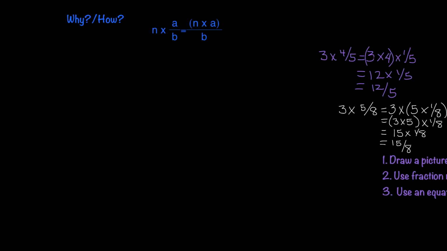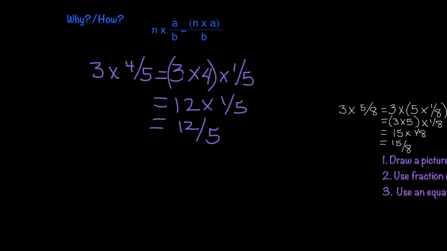So I have an equal sign here because we're going to take this whole number times the numerator, so that's why this says N times A, and then we're going to put that over the denominator, which is B. So let's take a look at what that all means.